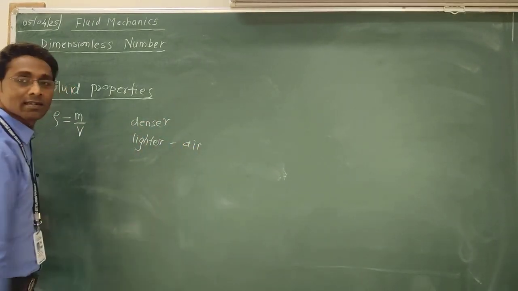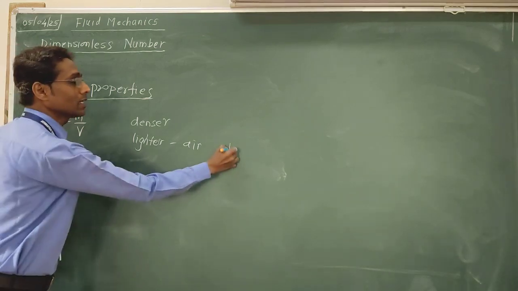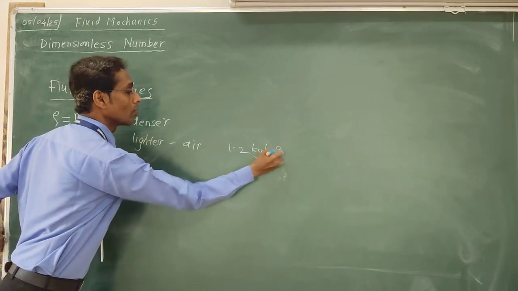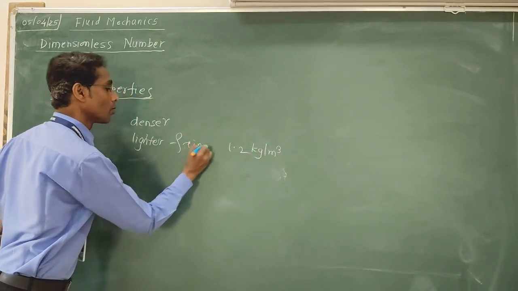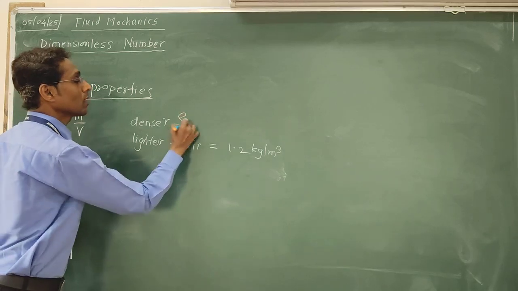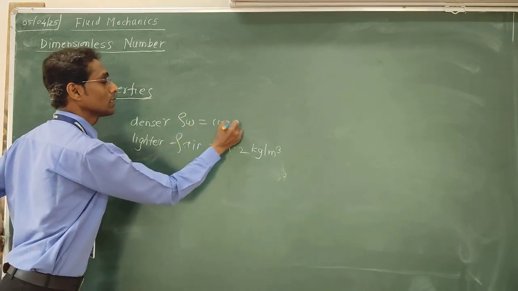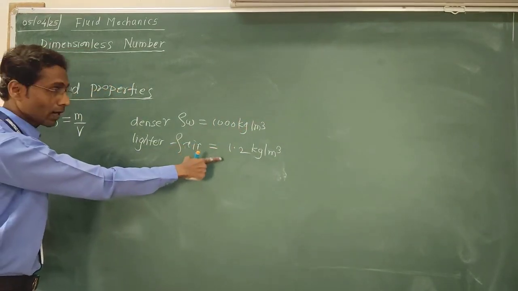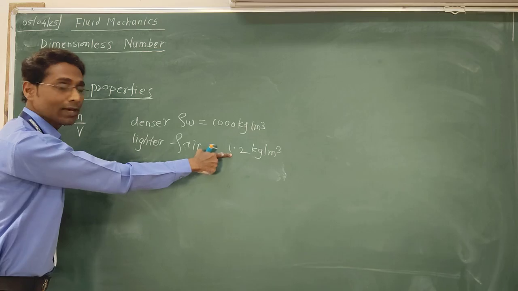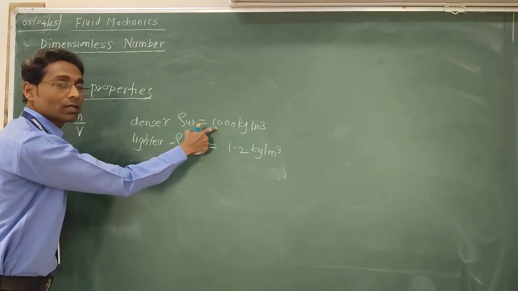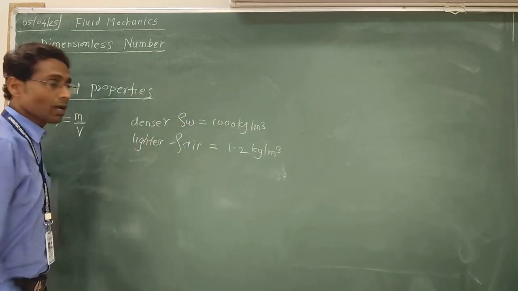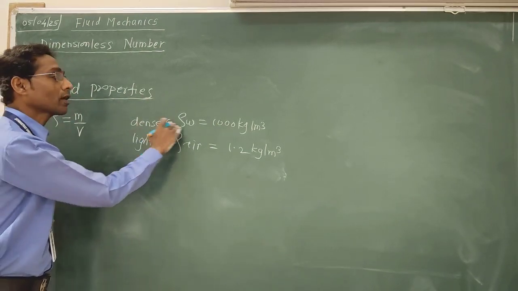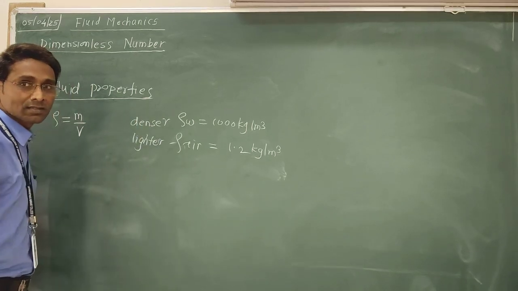Air, we say light. The density of air is 1.2 kg per meter cube, but the density of water is 1000 kg per meter cube. By observing these values, 1.2 and 1000, water is about 1000 times heavier. Means we say air is a lighter substance and water is a heavier substance.